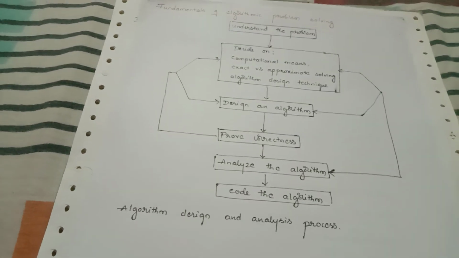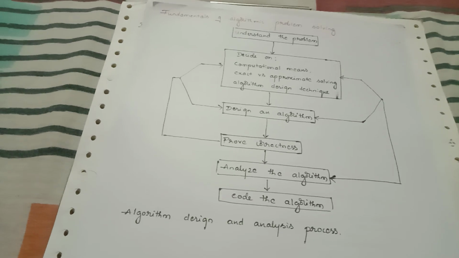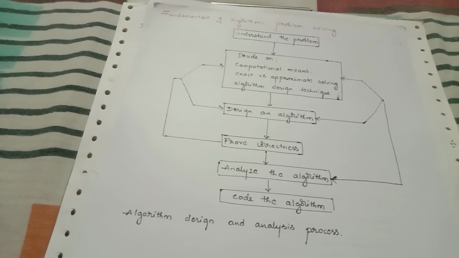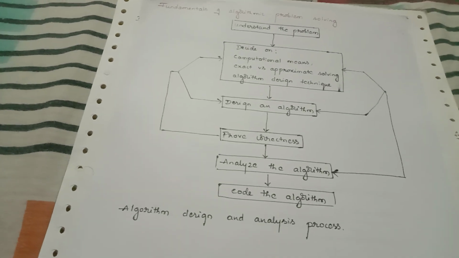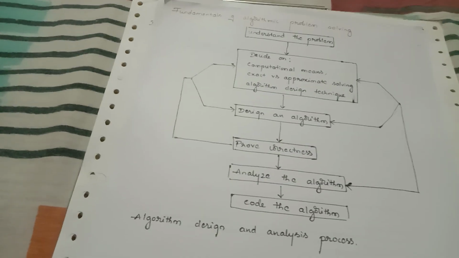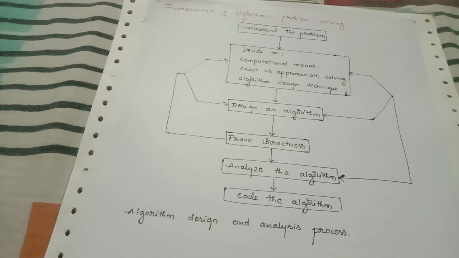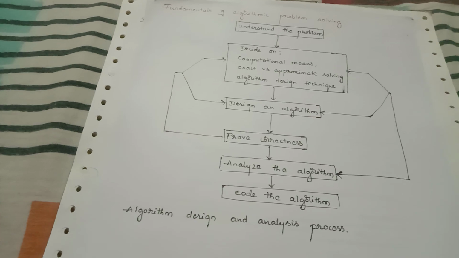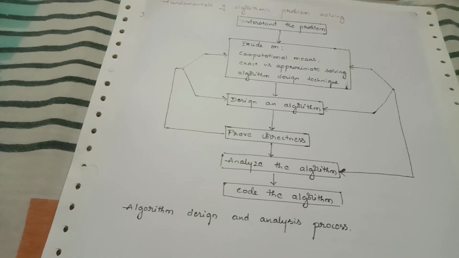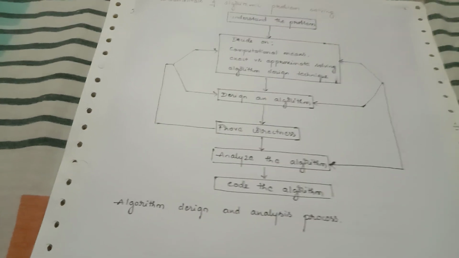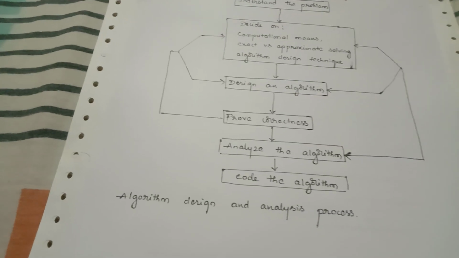When you are ascertaining the capabilities of the device on which your algorithm is running, you have to decide whether your algorithm is a sequential algorithm or a parallel algorithm.